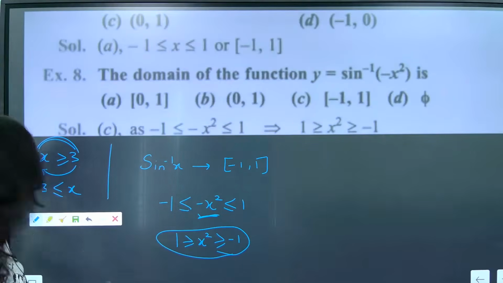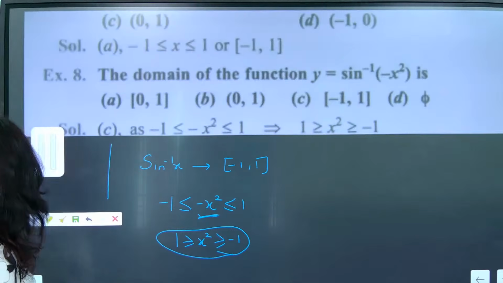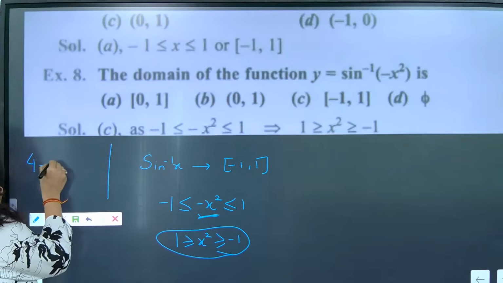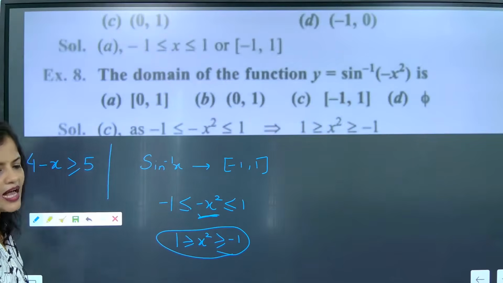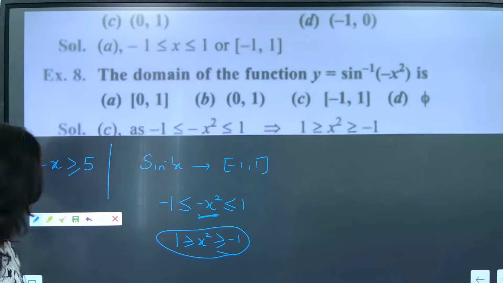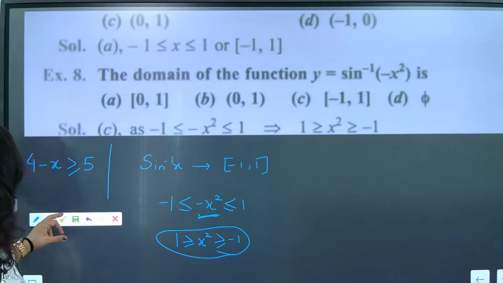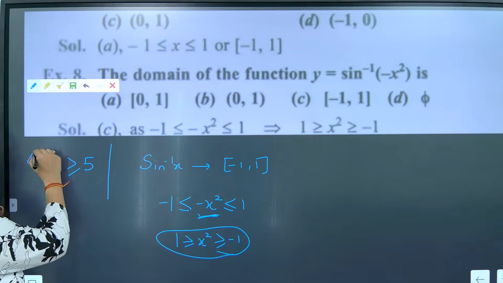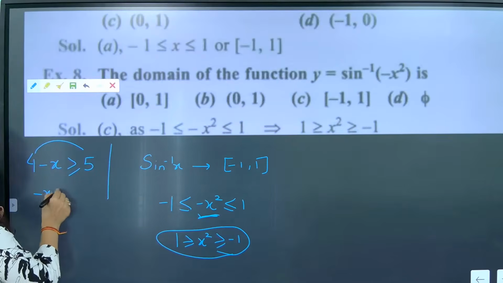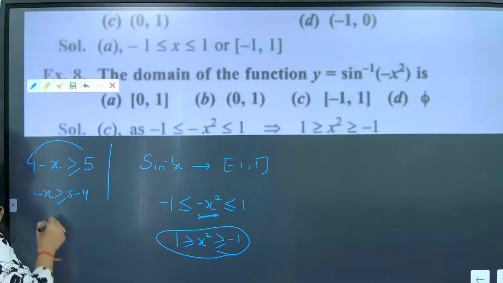Understood, Vishwa? Now tell me this answer: 4 minus x is greater than or equal to root under 5. How to solve this? If I solve it once, it will become clear. First, I will shift this to the left side. So minus x is greater than 5 minus 4, so minus x is greater than 1.